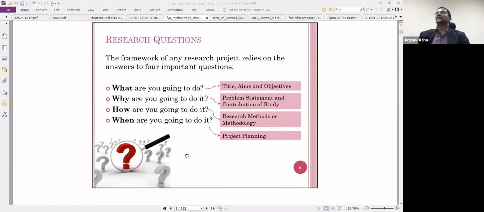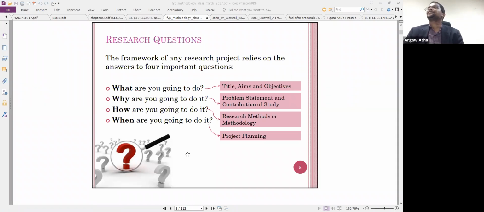Here are the research questions which you are going to address whenever you come to the research. I think there are four important questions which we are going to address.